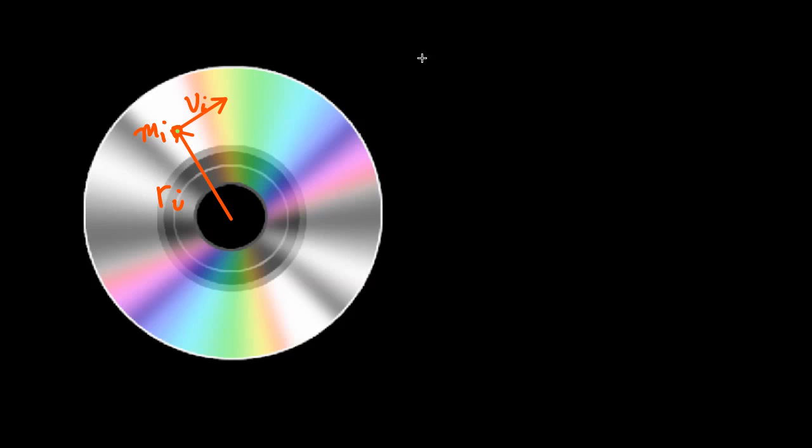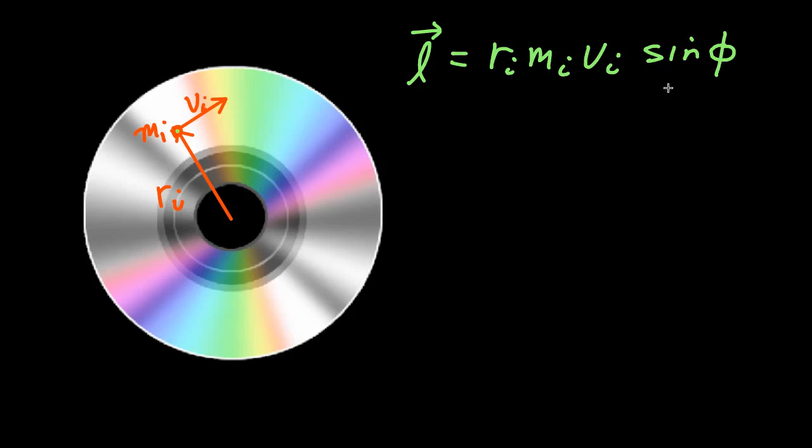We can calculate the angular momentum of that single mass element. Angular momentum L is equal to r, the radius vector, usually in meters, times m sub i, which is usually in kilograms, times v sub i, usually in meters per second, multiplied by the sine of phi, where phi is the angle between the radius vector and the velocity vector.